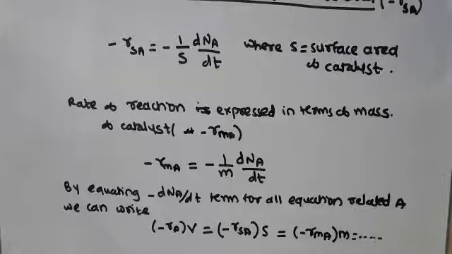You can take it as a general guideline that generally for a liquid phase reaction, we keep track of variation in concentration of reactant with respect to time, and in case of the gaseous phase reaction, we keep track of variation in partial pressure of the reactant with respect to time.